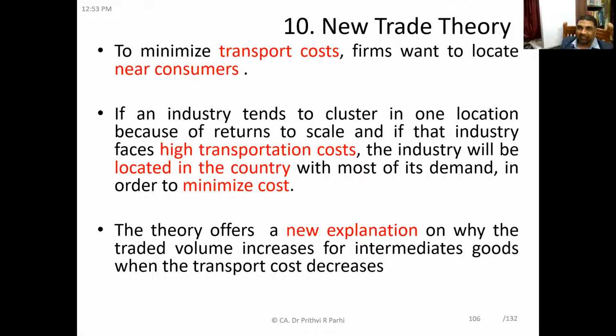Okay, so that is the theory. That means to minimize transportation cost, you are involved in international trade. That is what this new trade theory suggests. Hope you understood this.